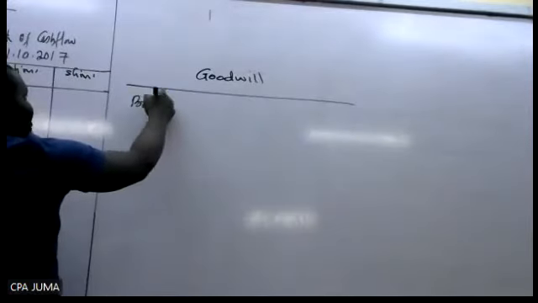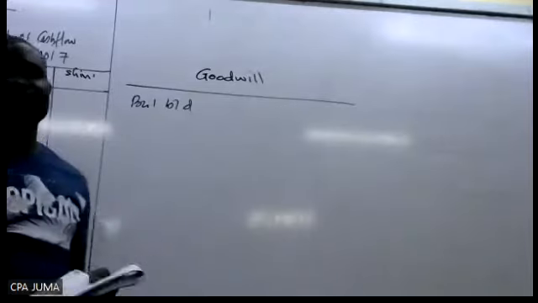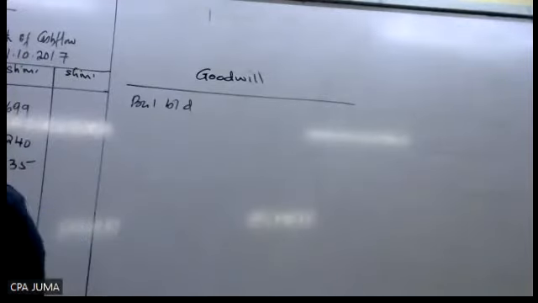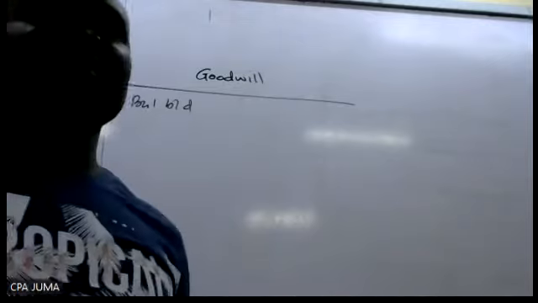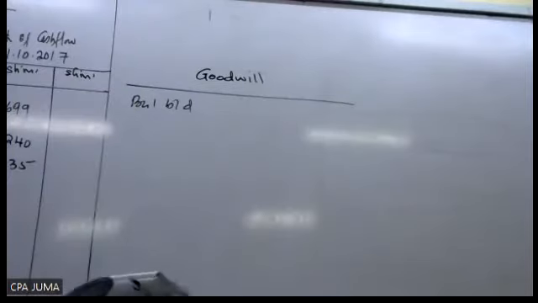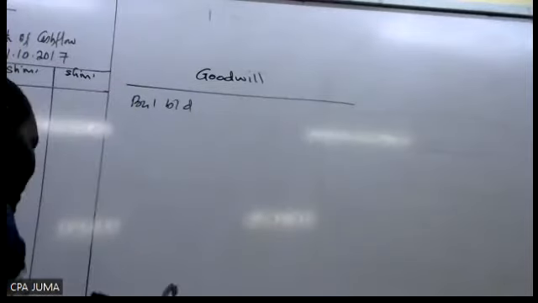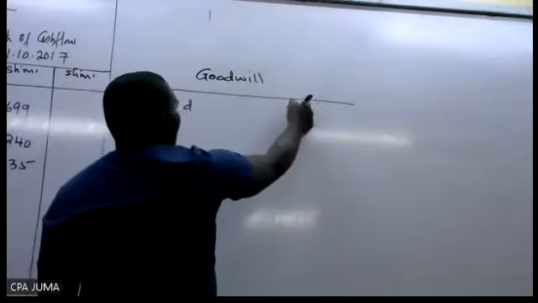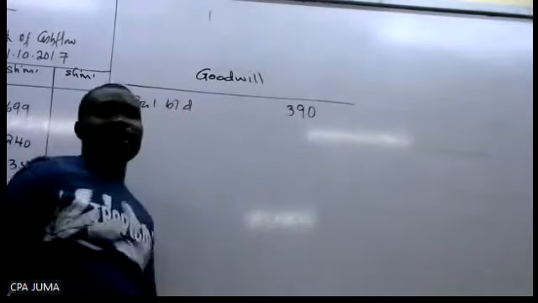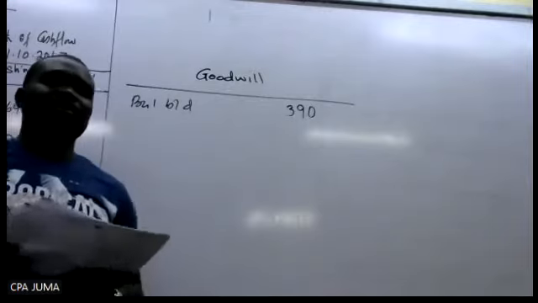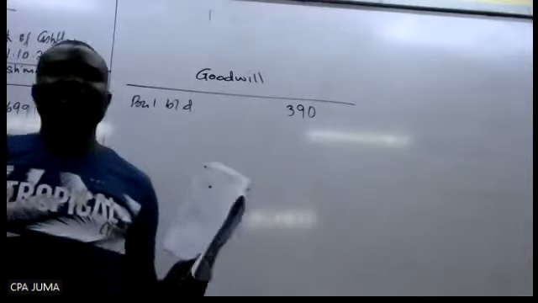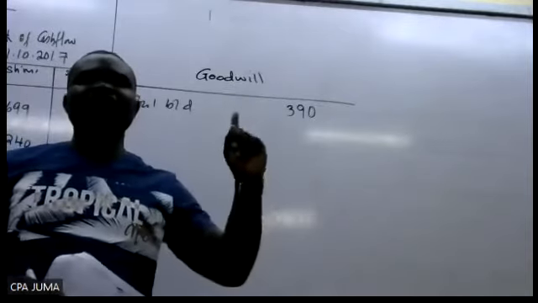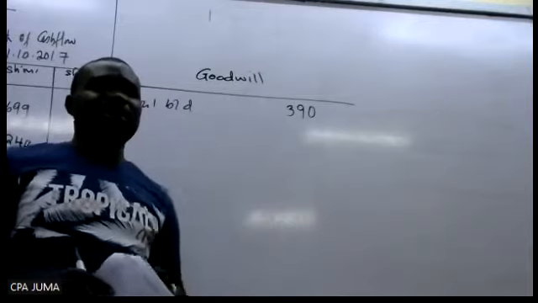So goodwill, balance brought down. Can you check the balance at the start? Goodwill at the beginning was 390. Then there is this subsidiary we are selling. You need to check how much was the goodwill in that subsidiary.